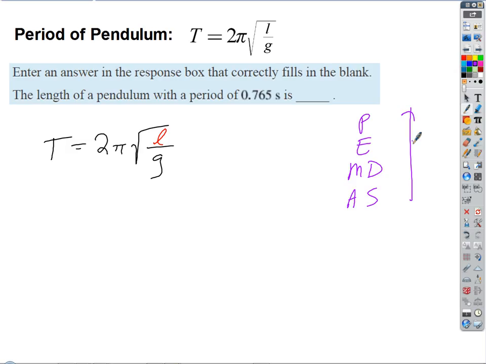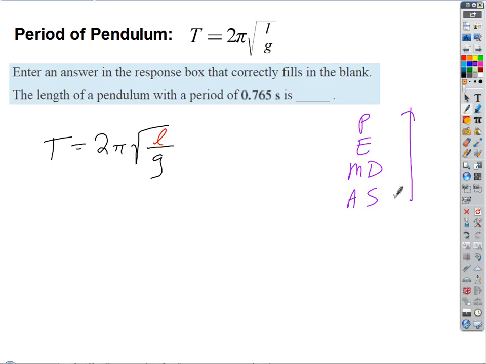So we want to isolate the L. What's the first thing I would do? Divide by 2 pi, right? So what does this mean? We're going to undo any loose addition or subtraction. I don't mean to insult you by going through this stuff, but I really think every once in a while it's not bad to just remind yourself what you're really doing when you do algebra.